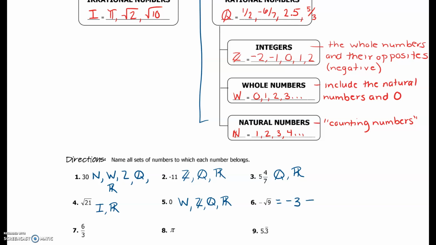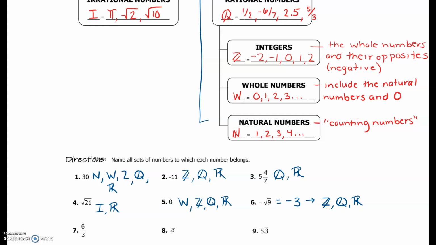If you did not simplify, you may have thought it's a square root, it's irrational. Well, you have to make sure that you simplify these square roots to their most specific form so we can classify it correctly. So we will classify it as an integer, and again, the values or terms above that, rational and real.